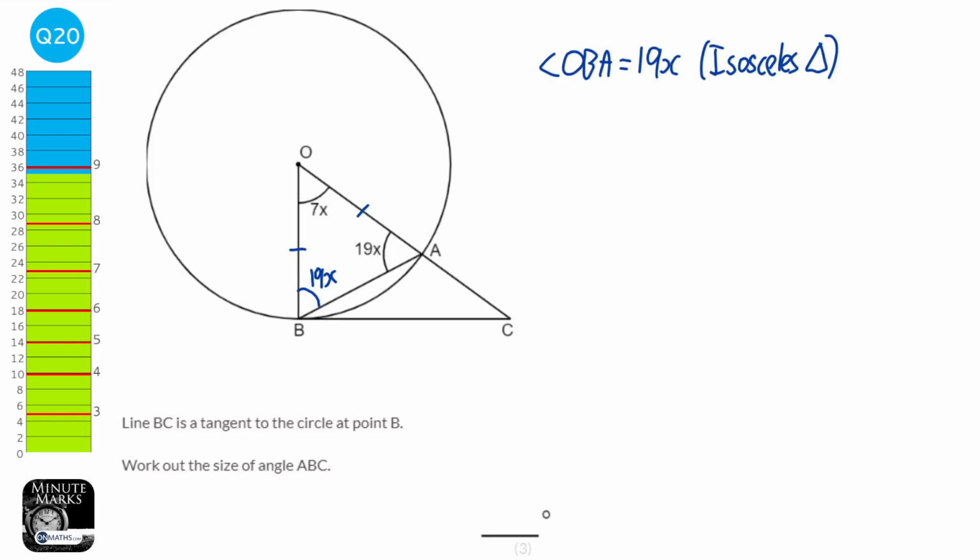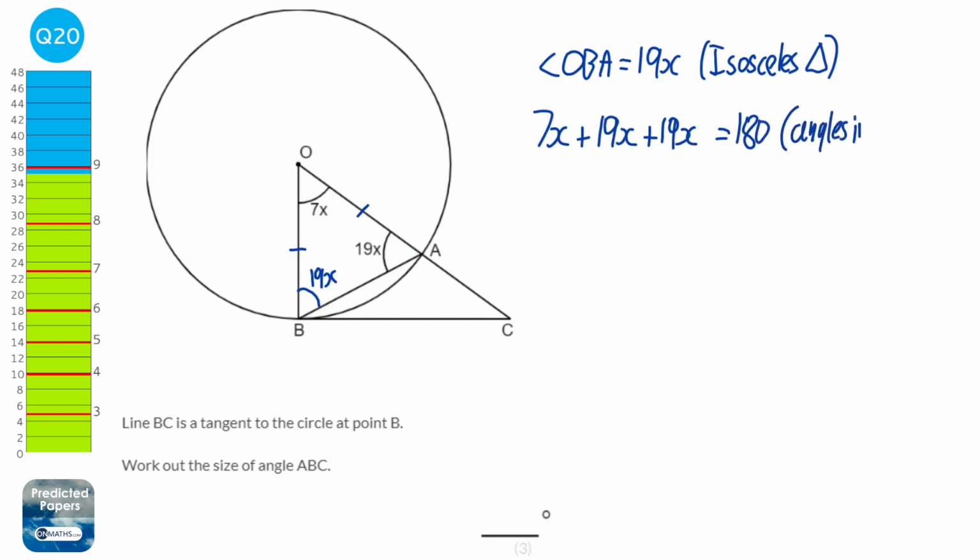Well, we also can work out x because, as I said before, we have a triangle here, and all angles in a triangle add up to 180. So we've got 7x plus 19x plus 19x equals 180 degrees. And this is angles in a triangle equal 180 degrees.